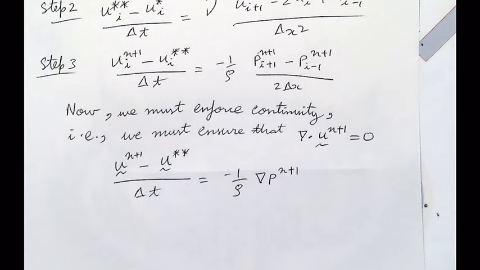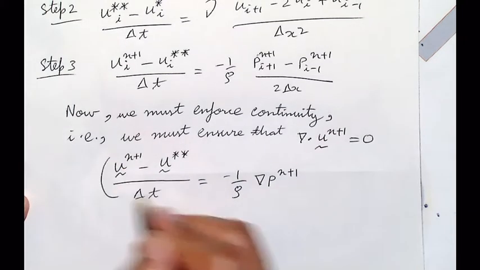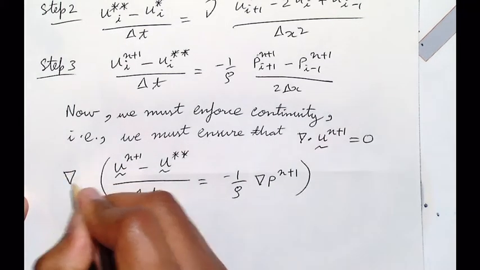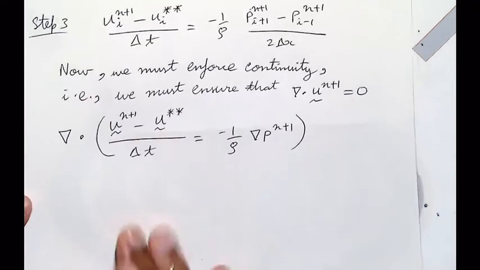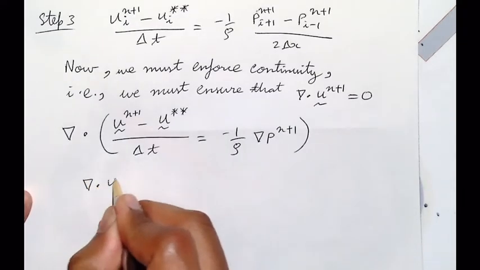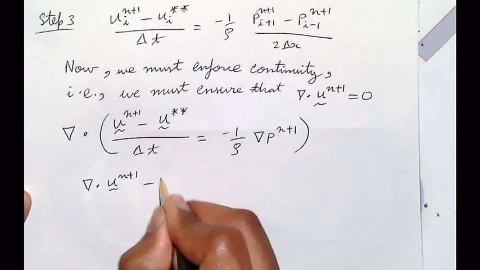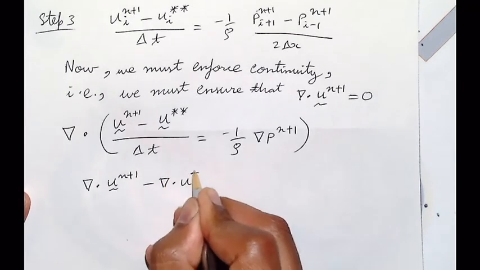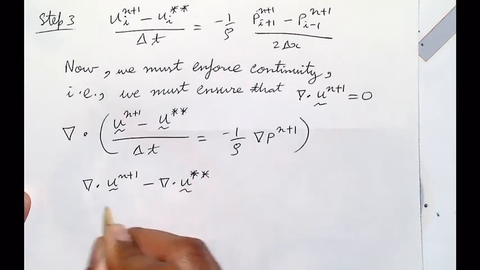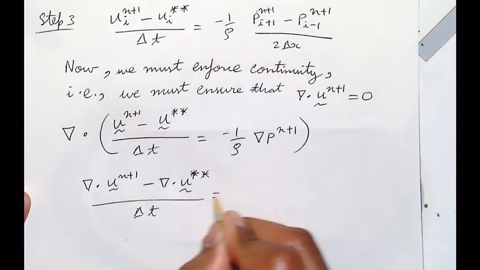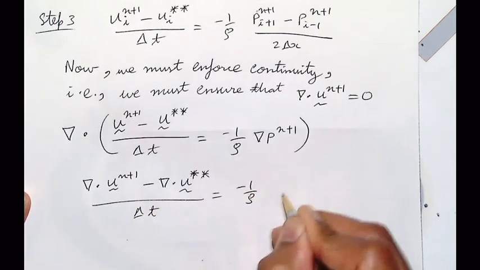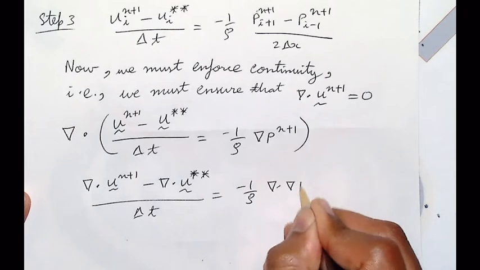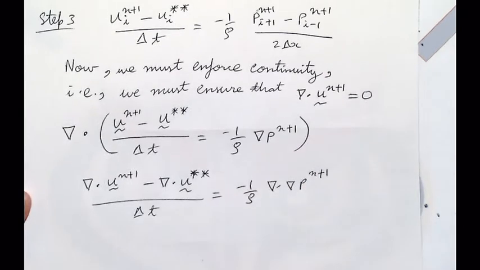Yeah, you take the divergence of the whole equation. So what you get is (∇·u^{n+1} - ∇·u^{**})/Δt equal, let's assume rho is constant, ∇·∇p^{n+1}. Make sense?